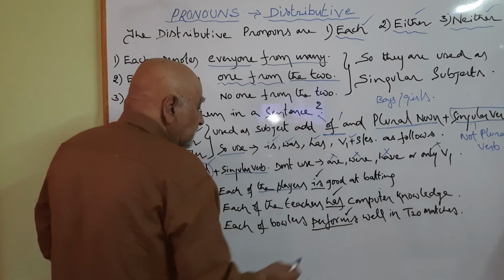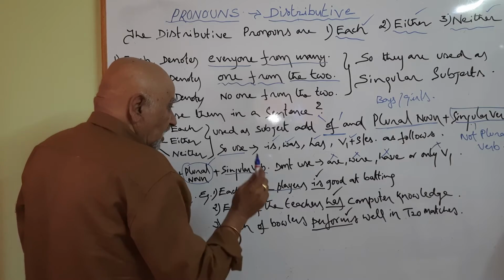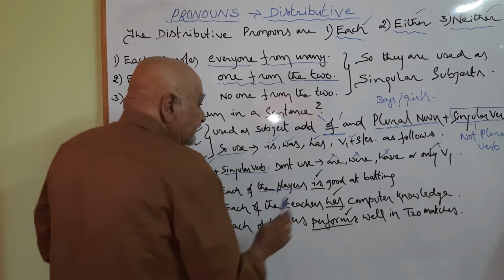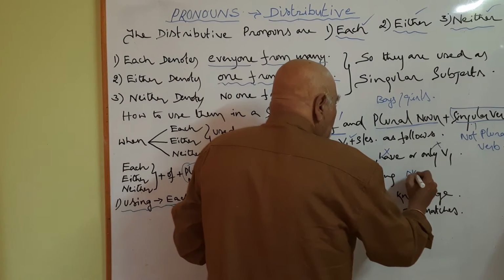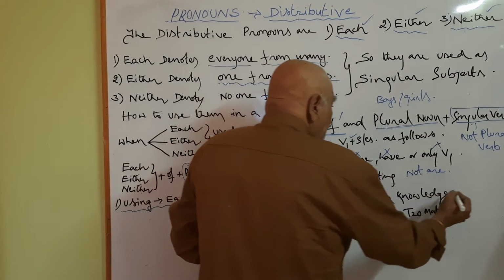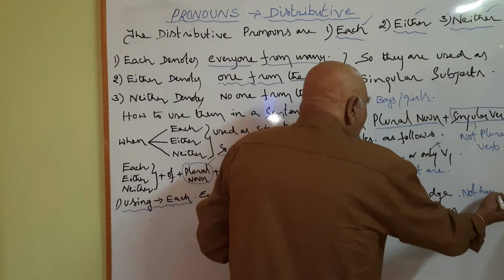Is good at batting. So use is, not are. Each of the teachers has. So here not have. Here has.